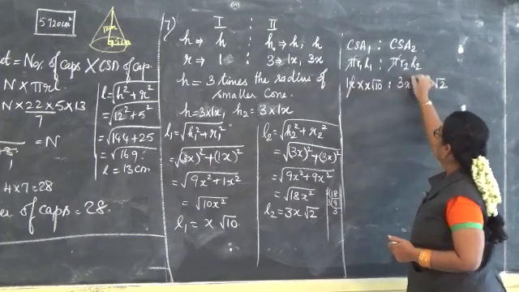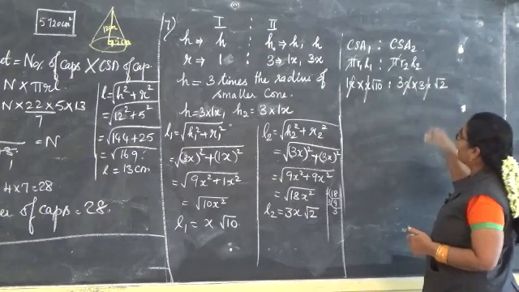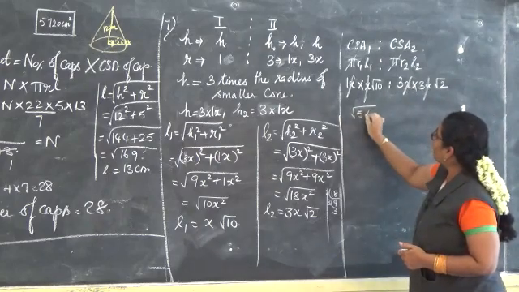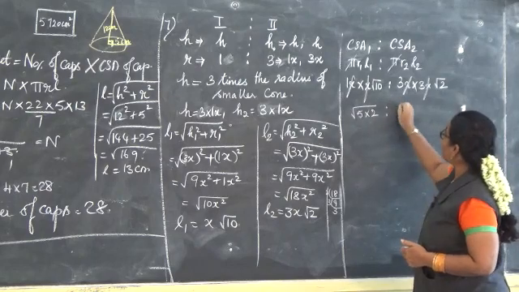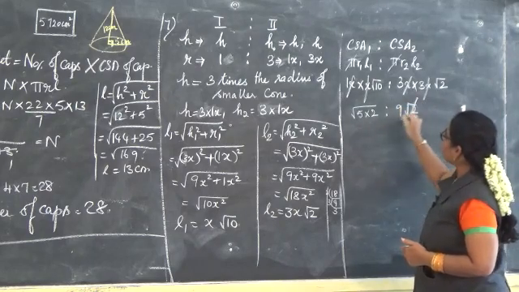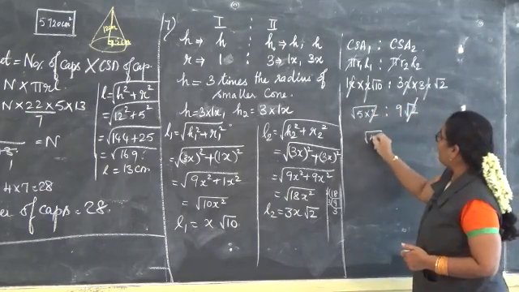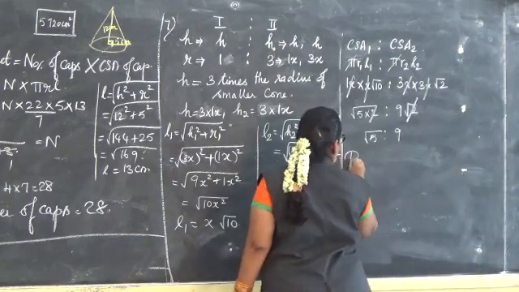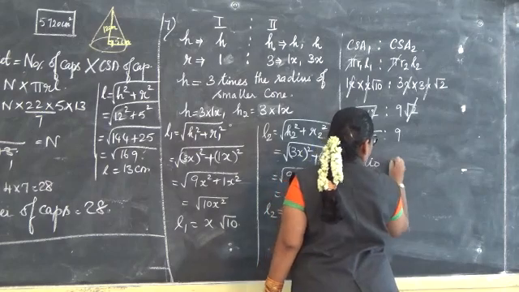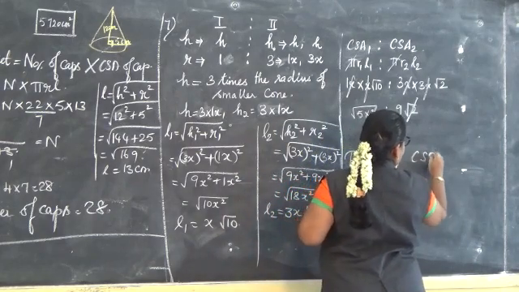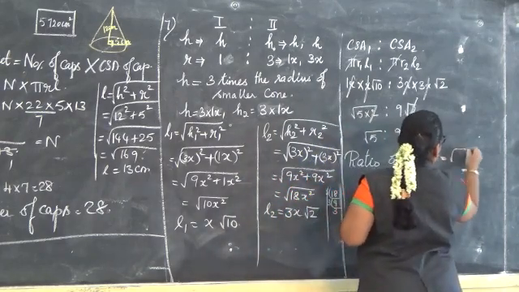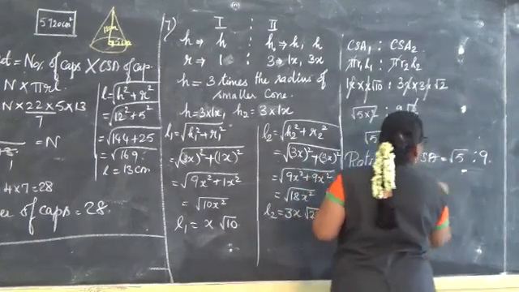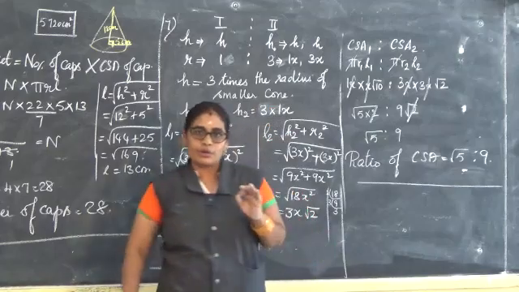So x gets cancelled, and you will be having root 10 which can be written as root 5 into root 2 is to 9 root 2. This gets cancelled. Your ratio will be root 5:9. So answer, ratio of CSA is equal to root 5:9, and that's all for your cone.